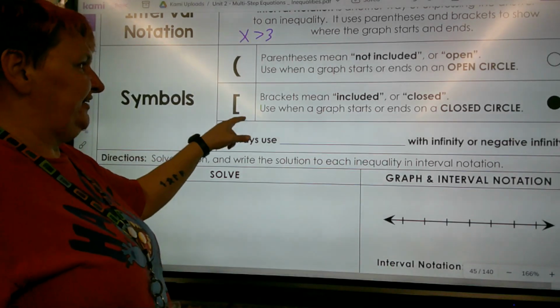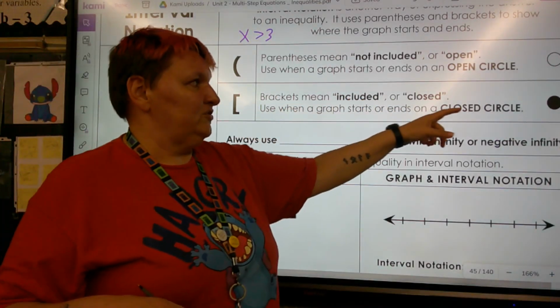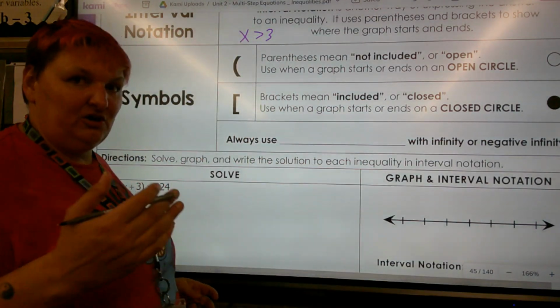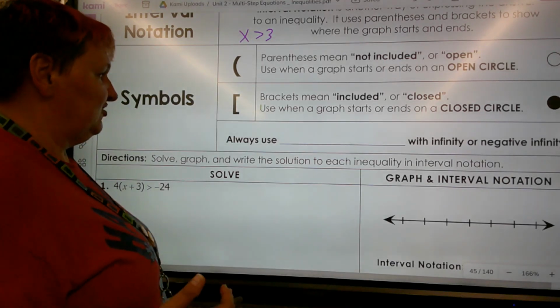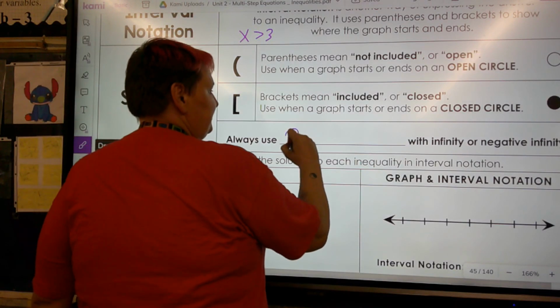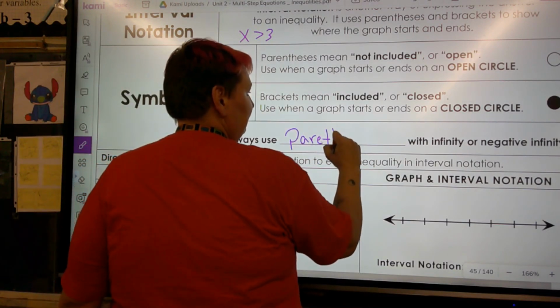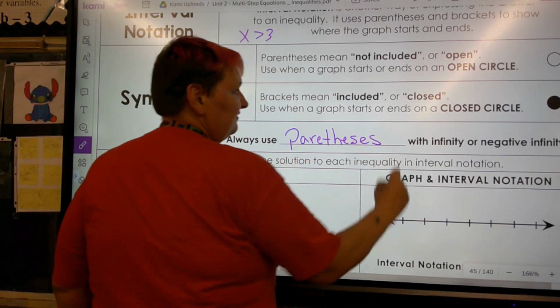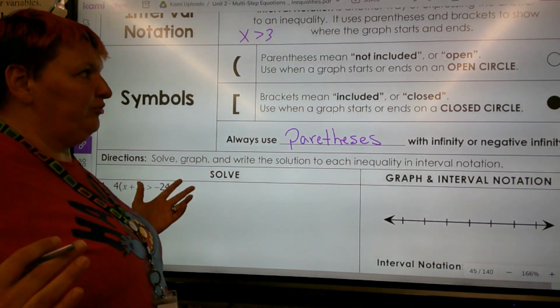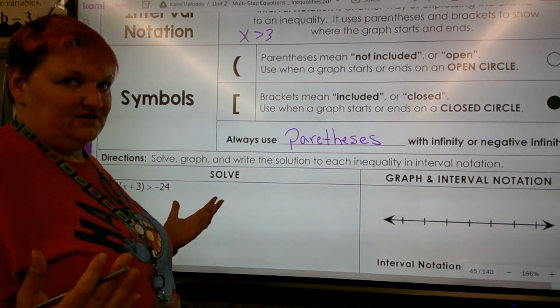You use a bracket when it means included or closed. So if you have the closed circle, you're going to have the bracket, because that means it includes that number. I'll show you what I mean. Always use parentheses when it comes to infinity and negative infinity, because the whole point is it never ends.